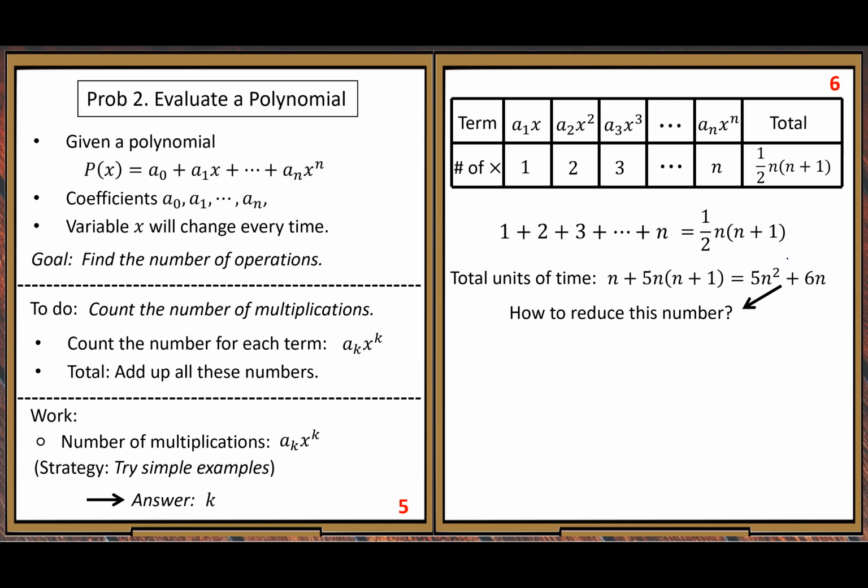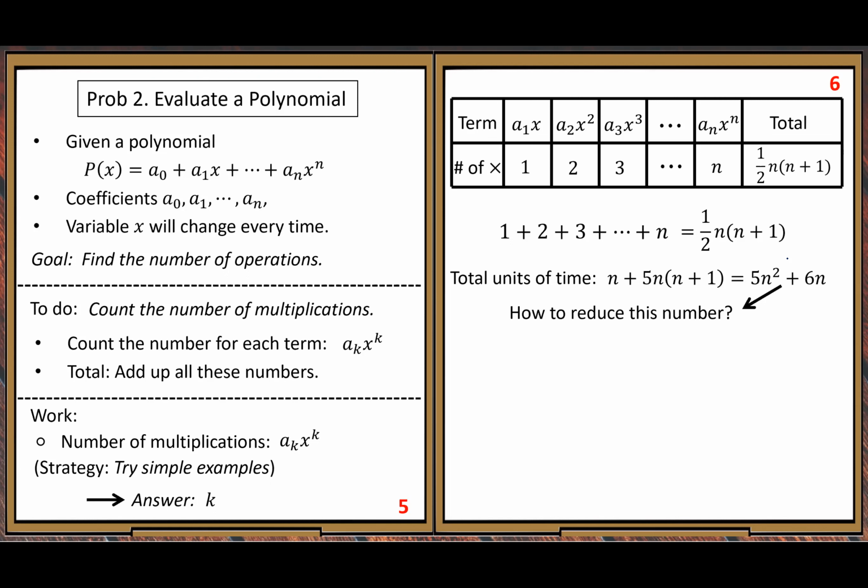So the next question: how to reduce this number? Because this number looks pretty big, 5n squared plus 6n. Is it possible to reduce that number a little bit?